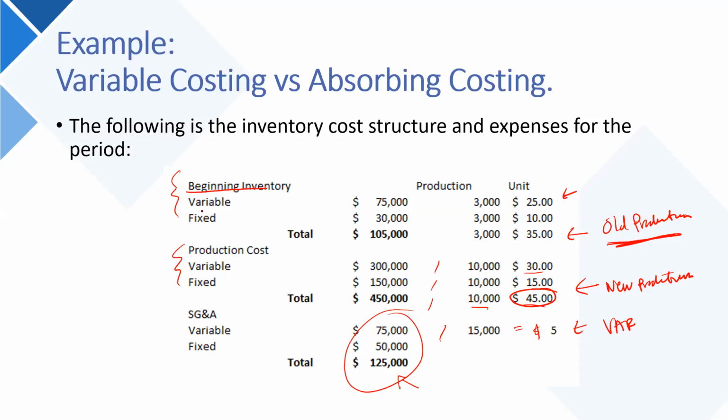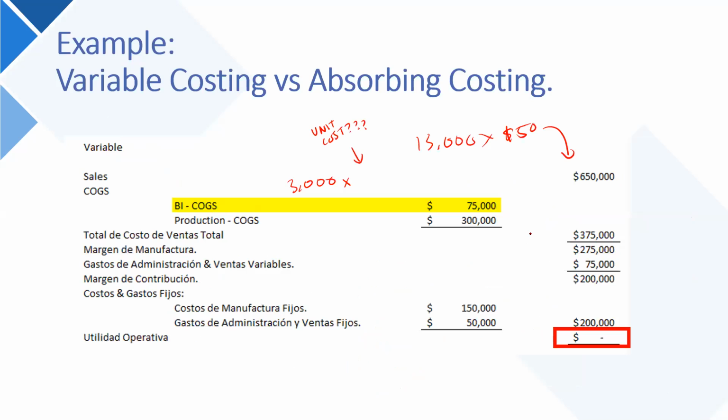Why? Because 25 is the variable. 10 is the fixed. So, yes, I think I can see quite clearly, I don't have my glasses, that's all. Okay, don't worry. I think you get it. So 3,000 times 25 is 75,000.